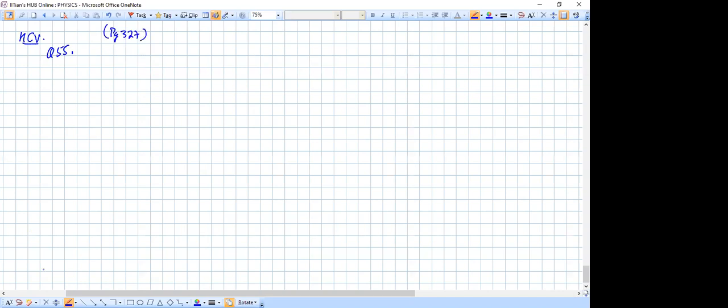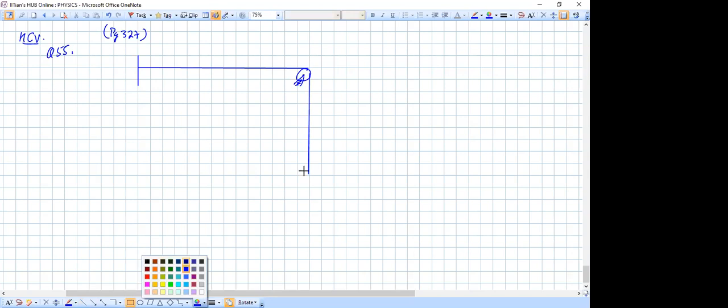Okay, so in this, what is happening is you have this kind of a string going around a fixed pulley over here, and you suspended some weight.